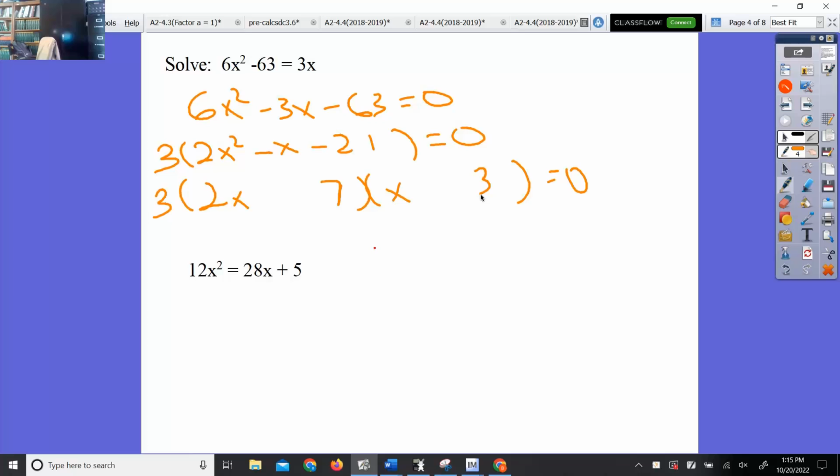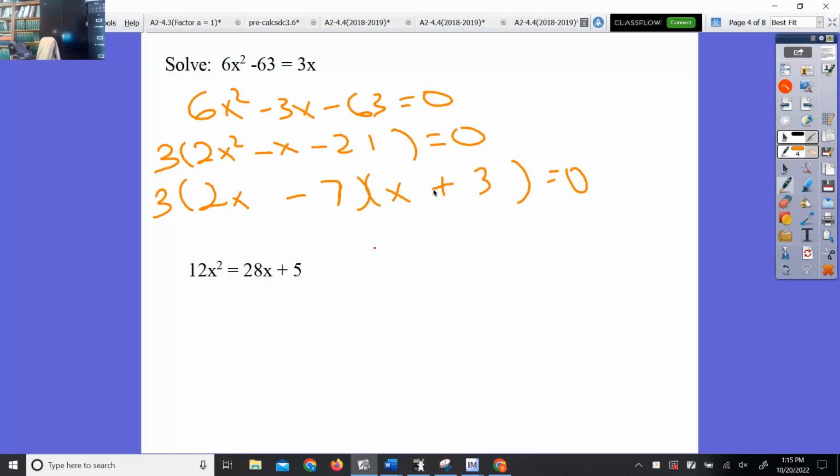Because the inside makes how many x's? 7. The outside makes how many? And the goal is to get where? -1. So, -7 plus 6. All right. How many factors does that thing have? We just factored it. How many factors did it have? 3. 3 is a factor, isn't it?